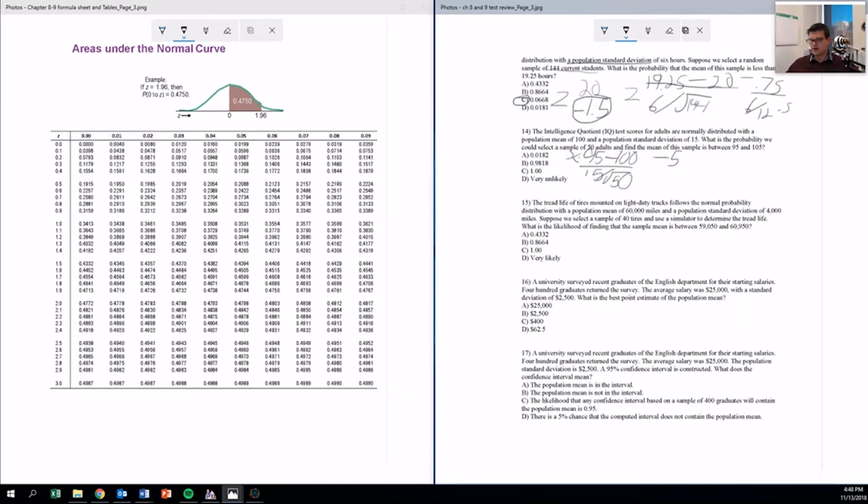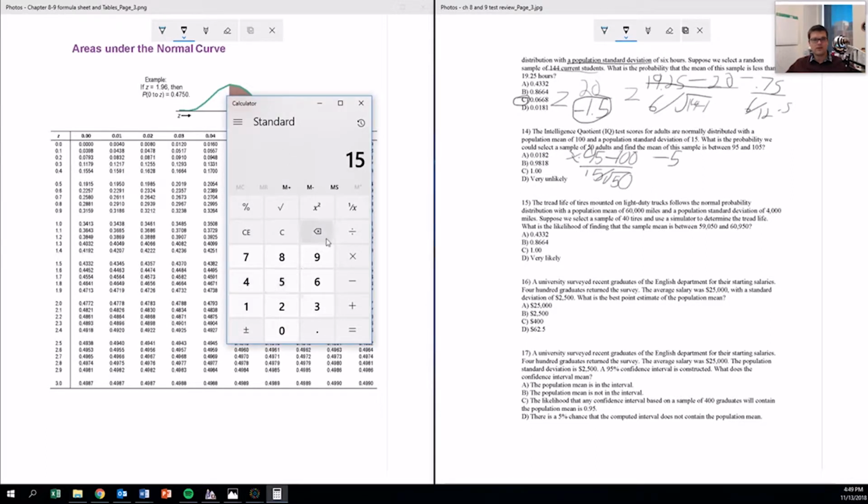Let's get the calculator up. 15 divided by the square root of 50 is 7.071. So negative 5 divided by 7.071.